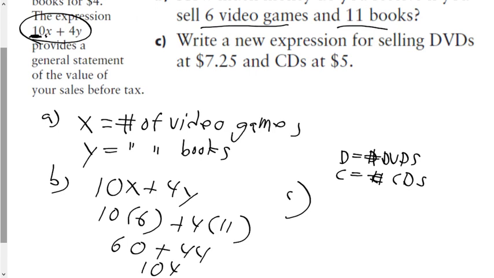And then my expression would be 7.25 coefficient multiplied by D. That would be the amount of money I would generate from selling DVDs, plus $5 per CD would be 5 multiplied by the variable C, which represents how many CDs. That would be the new expression. You could have also used X and Y if you wanted to, as long as you redefined them like this.